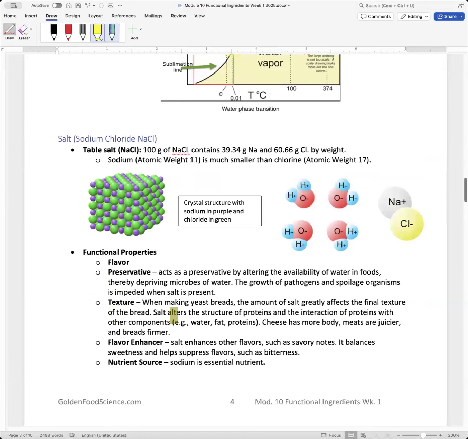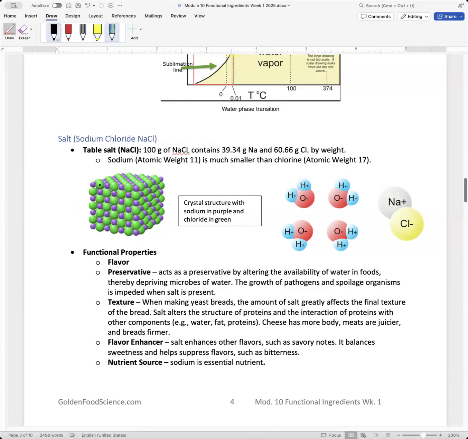Another ingredient that we often work with is table salt. So just a little bit about table salt. Table salt is a polar ingredient. This is what the crystalline structure of table salt looks like. If you look at it, you'll notice that the chlorine atoms are bigger than the sodium atoms.